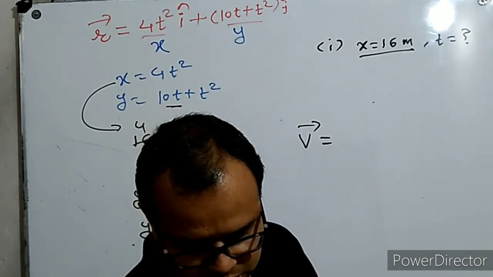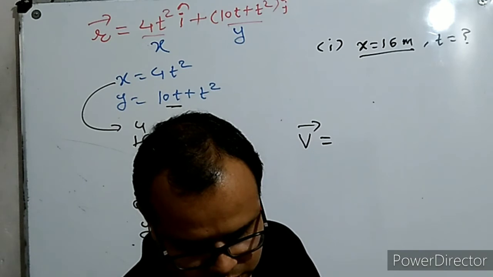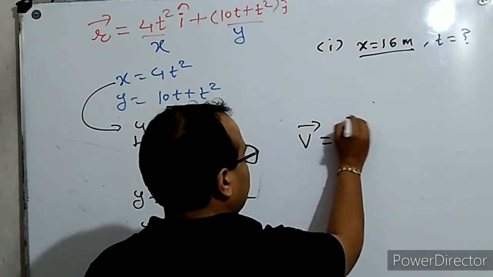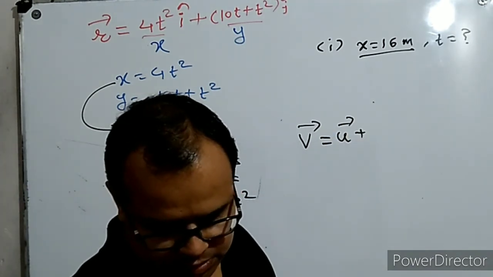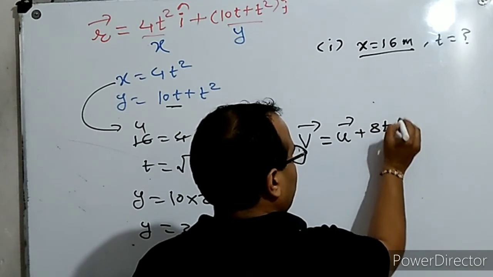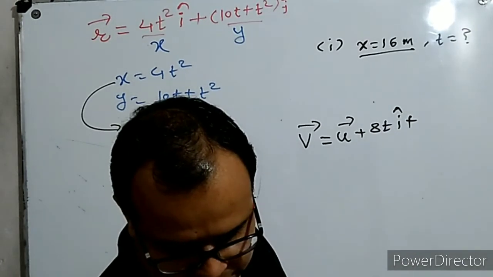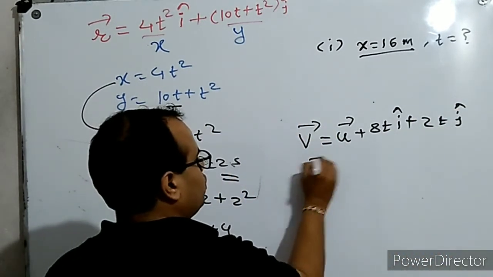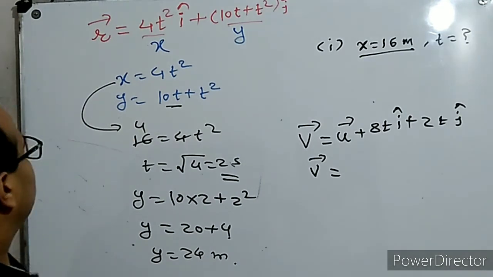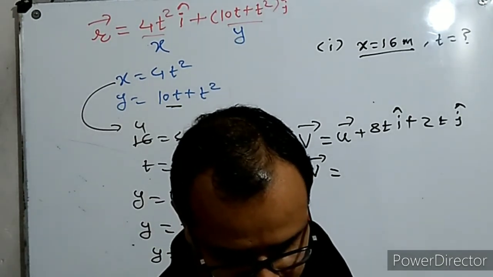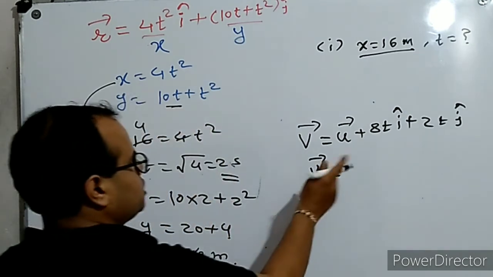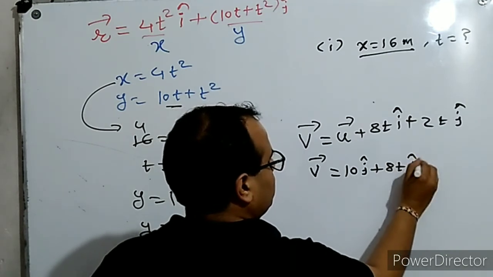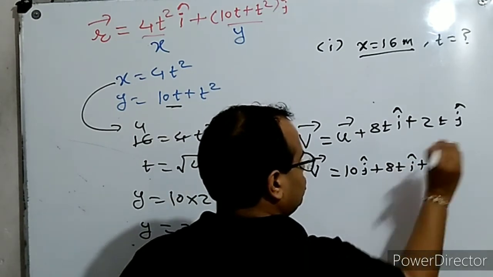One expression for velocity was this: v vector is equal to u vector plus 8t i cap plus 2t j cap, and the value of u vector was 10 j cap. Okay, so this is 10 j cap plus 8t i cap plus 2t j cap.